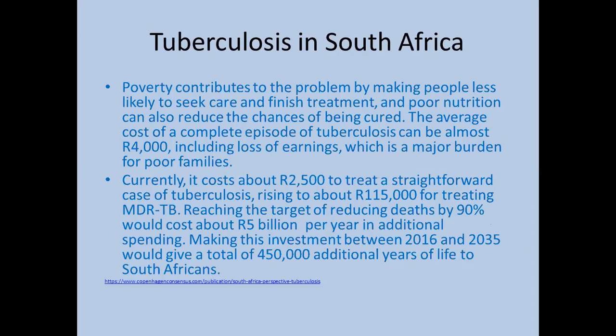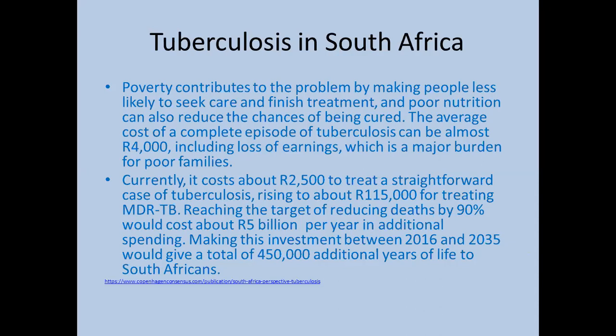And poor nutrition can also reduce the chances of ever being cured. The average cost of a complete episode of tuberculosis under ideal circumstances can be almost 4,000 Rand.